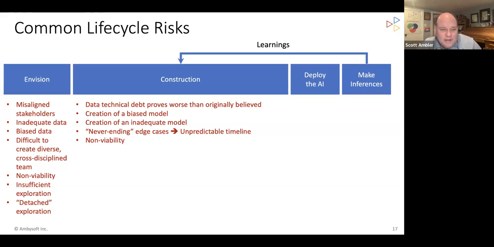But anyway, during construction, almost always your data technical debt will prove worse than originally believed. You'll probably go in thinking we're in a bit of trouble, but we can overcome it. And then when you start to really dig in, the horror story starts. This is a fairly normal thing. This is well known.